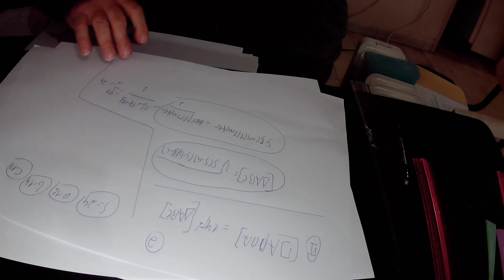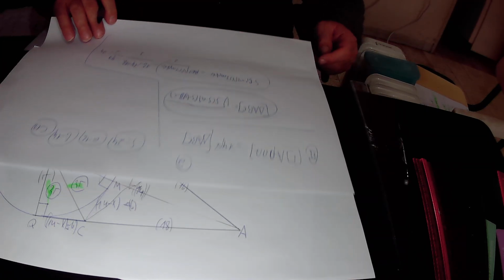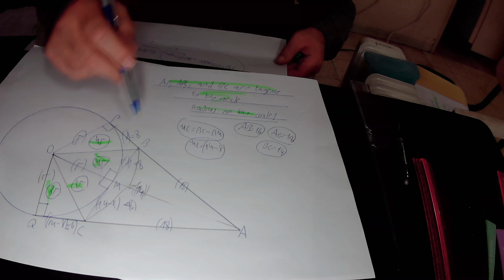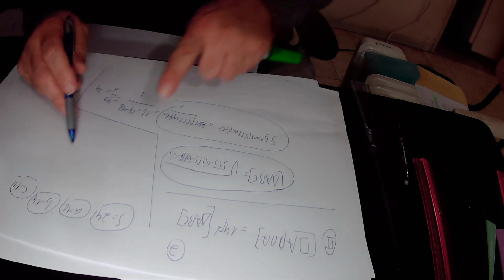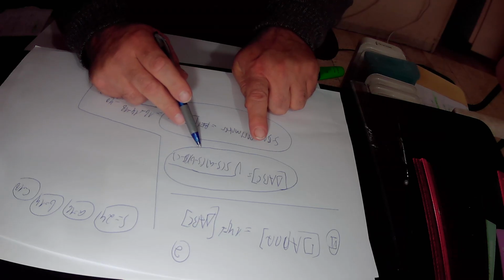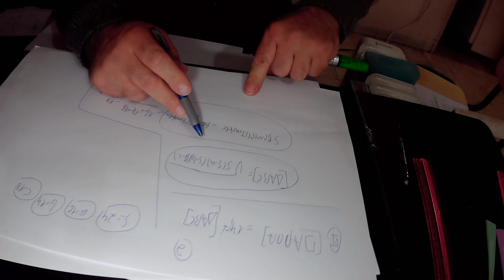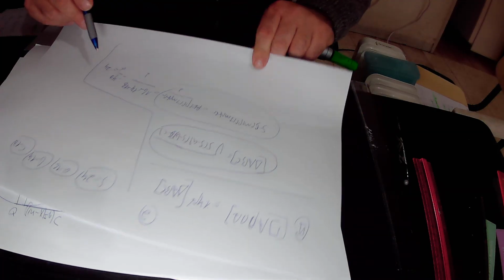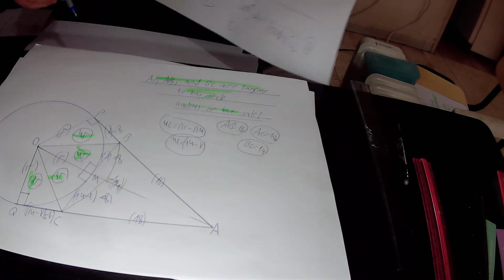We actually have all the data that is needed in order to find out the area of this triangle ABC. We just have to put this data of our triangle ABC inside this general formula for the area of any triangle, and this way we find out the area. We'll do it now.